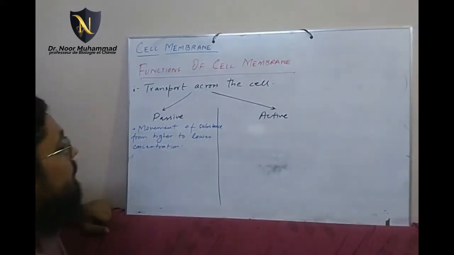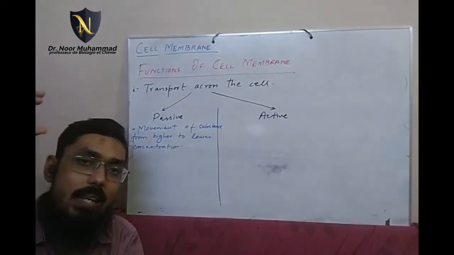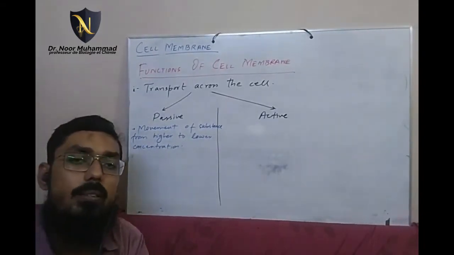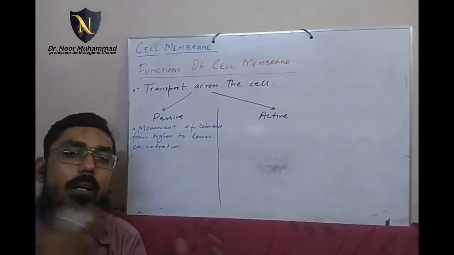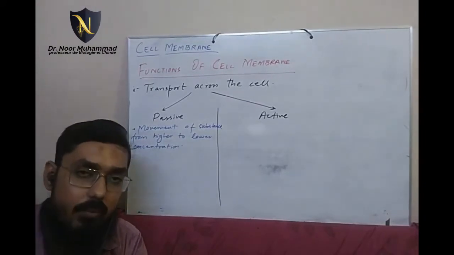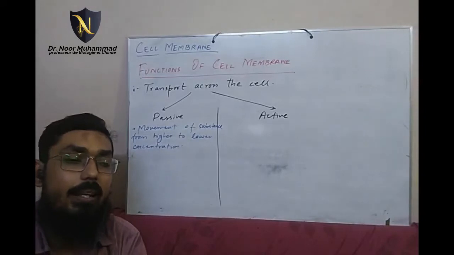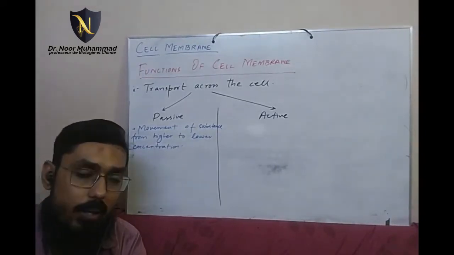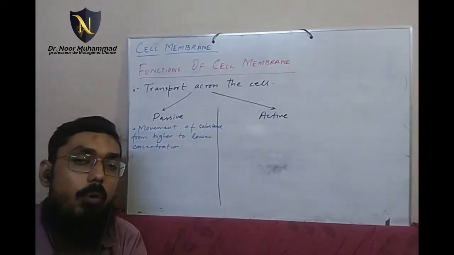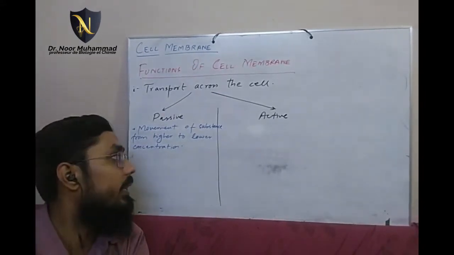Whenever a substance moves from higher to lower concentration, this type of movement and transport is called passive transport. So the cell membrane is involved in passive transport, meaning substances move from higher to lower concentration, from inside to outside and outside to inside, by passive movement in the cell.